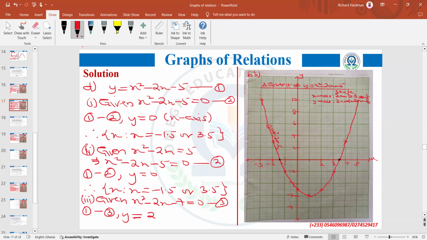So at this point, I will write therefore, x is such that x is equal to... So here you need to draw the line y is equal to 2. You should know the line y is equal to 2 is the line that will pass through y at 2. Do you agree?